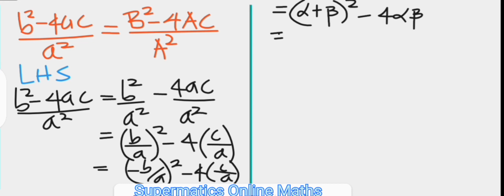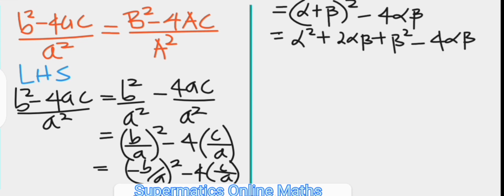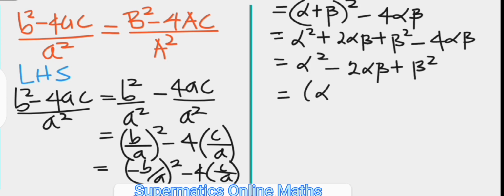Expanding alpha plus beta squared will give us alpha squared plus 2 alpha beta plus beta squared and minus 4 alpha beta. This becomes alpha squared minus 2 alpha beta plus beta squared, which we can factor as alpha minus beta squared as a perfect square.